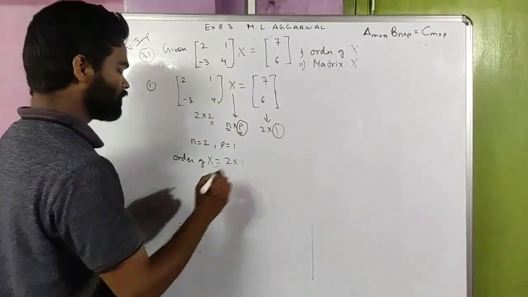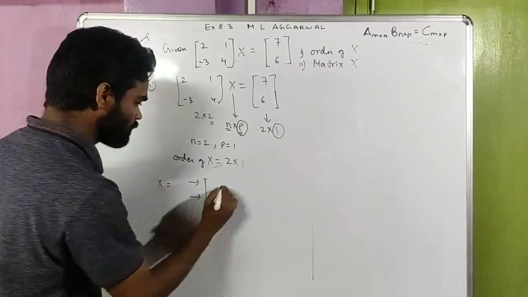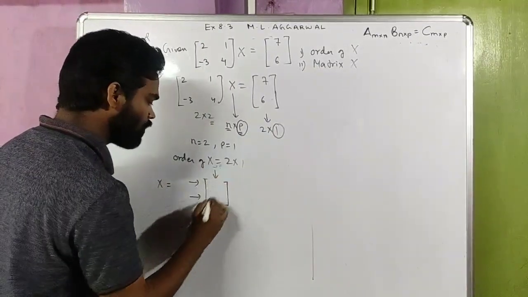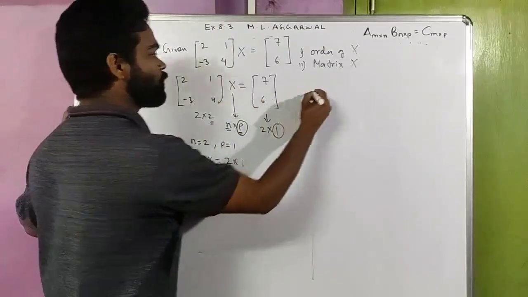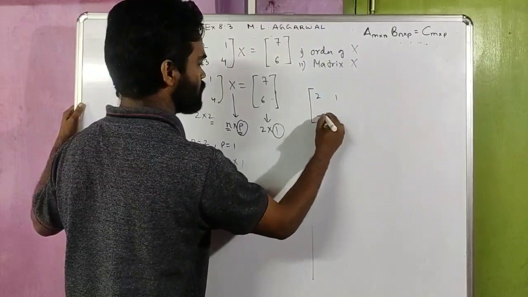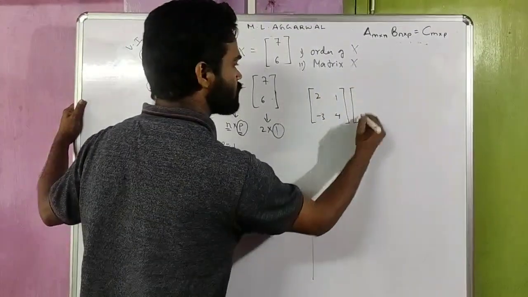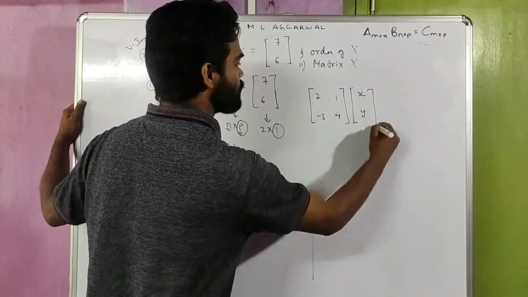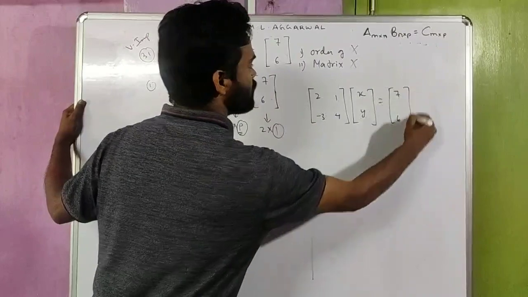We got the order, which means it will have 2 rows, 1 column. We'll take small x and small y. We'll put this in this equation. Look, this is 2 1 minus 3 4, X is what? Small x, y, and this is 7 6.